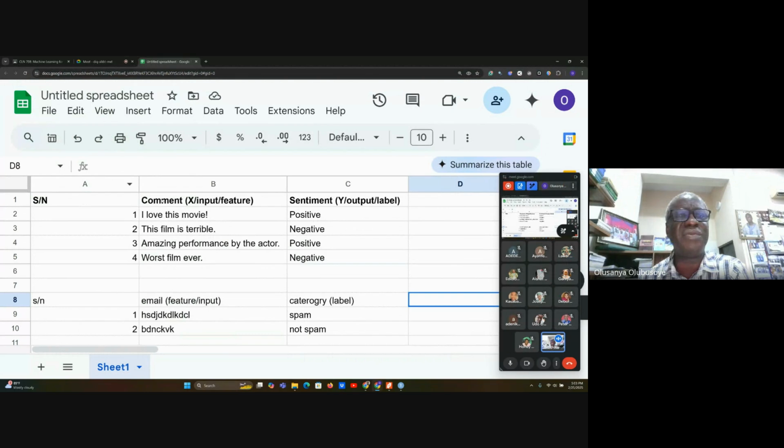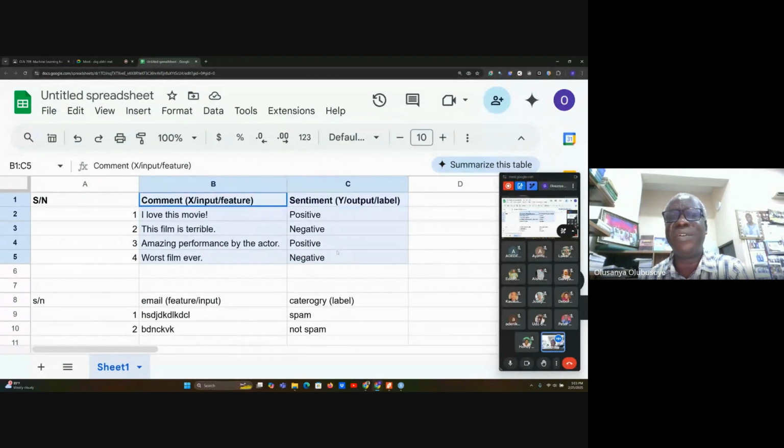This is the data we are using for this demonstration. These are the comments, which we regard as the feature, and this is the label or the output. We are trying to use logistic regression to calculate the probability for the comments of individuals who watched the movie.